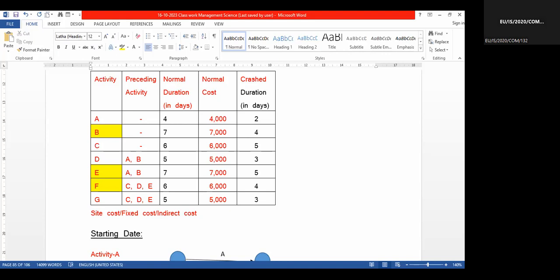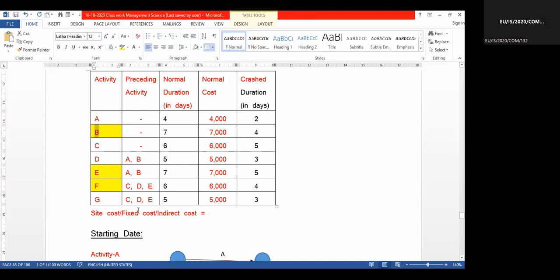Site cost, fixed cost, indirect cost. Sometimes that also happens per day, right? For example, until we complete the project, we need security people, electricity, storekeepers, etc. So that is not relating to the activity.